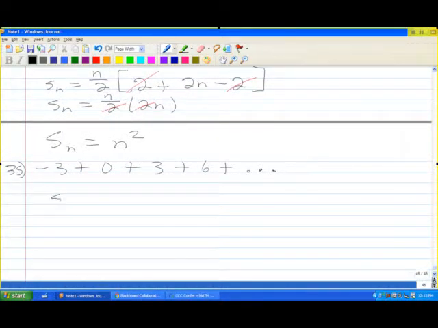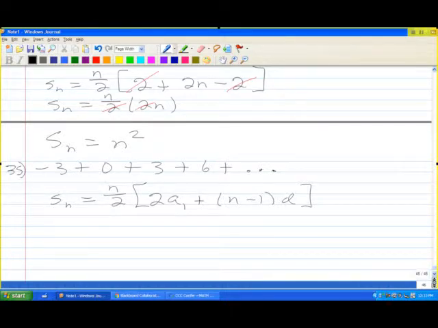The formula for the sum of the first n terms of an arithmetic series is n over 2 times the quantity 2a1 plus (n minus 1)d. Again, I don't know the last term, so I'll use this form of the formula.